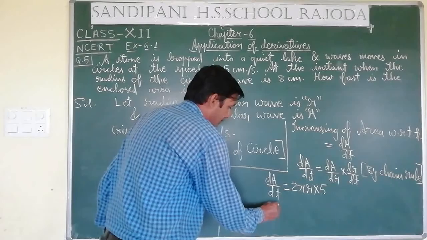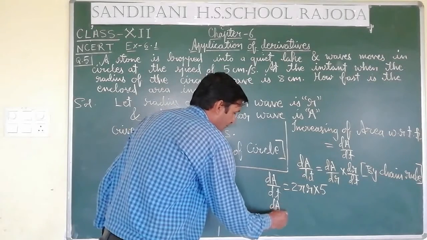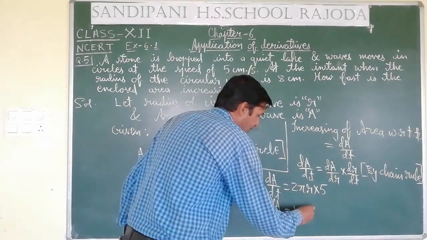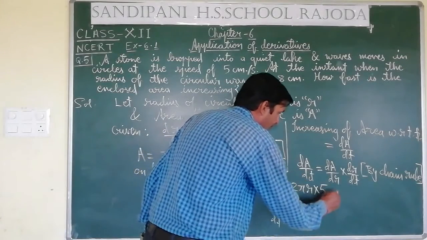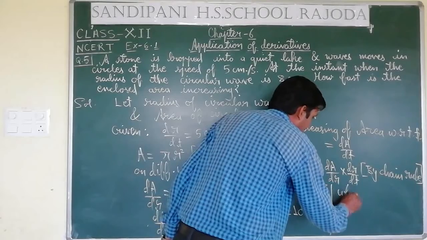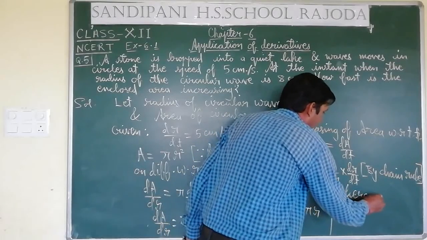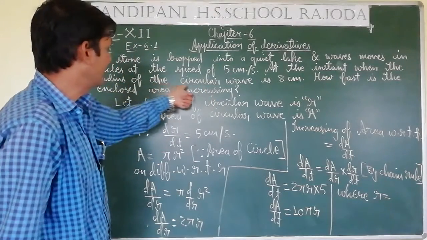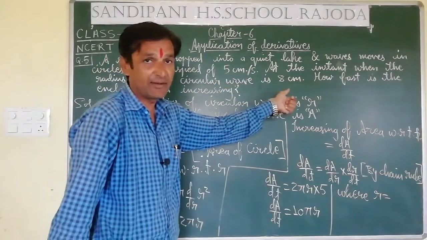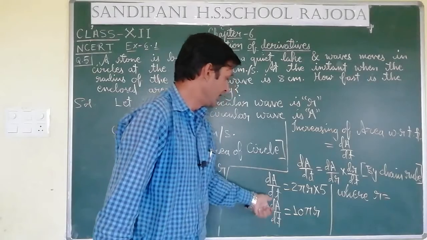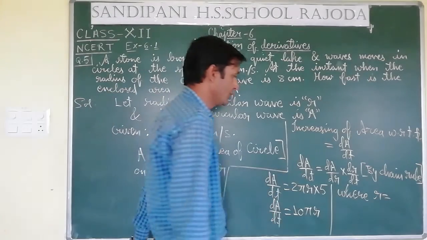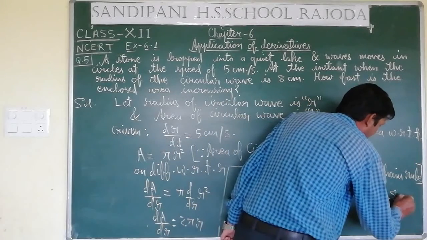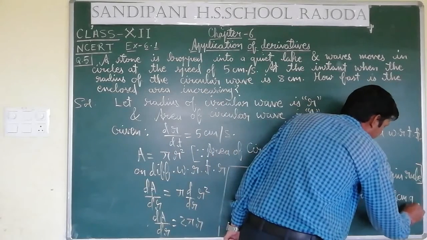So dA by dt is equal to 10 pi r, where r is given. What is r? The radius of the circular wave is 8 centimeter. At that time the rate of change of area is asked. So r is equal to 8 centimeter, it is given.